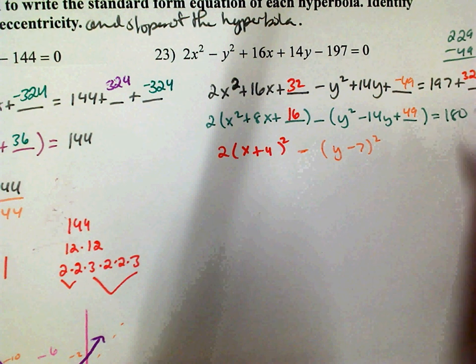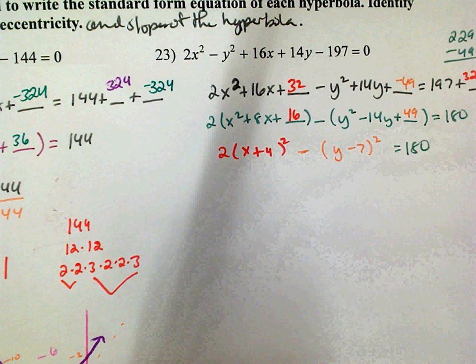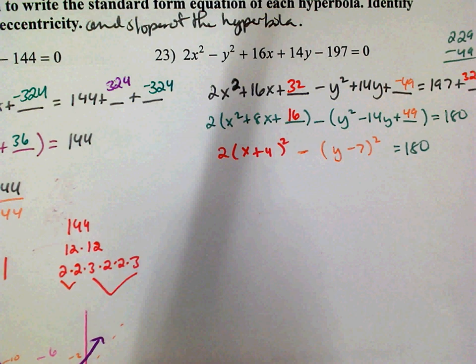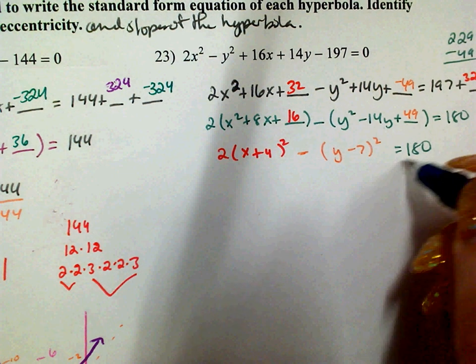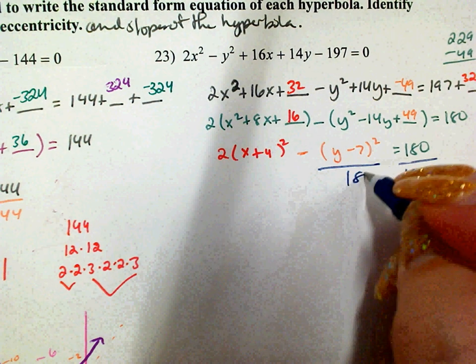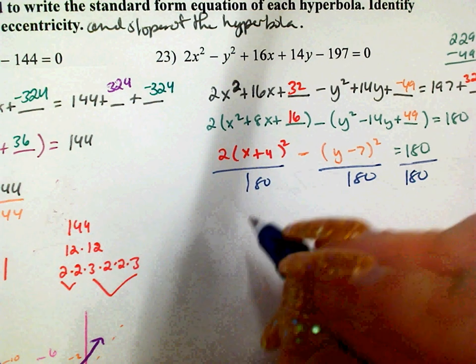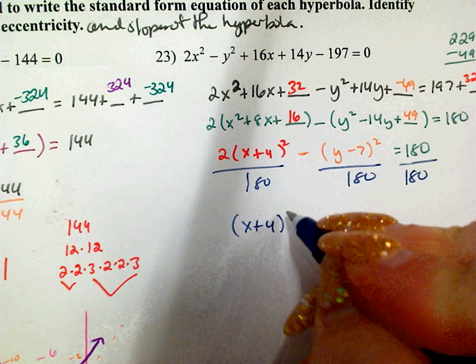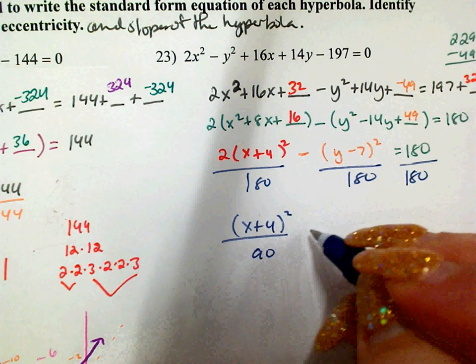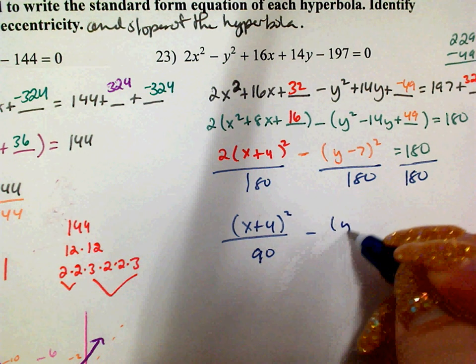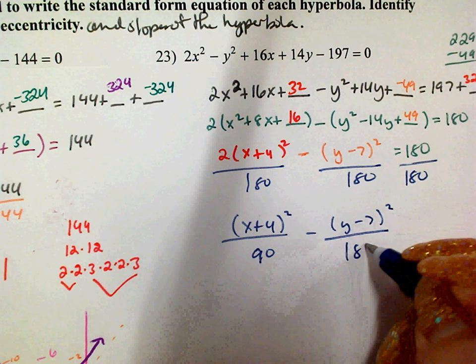Then we're going to divide by 180. So we're left with x plus 4 quantity squared over 90 minus y minus 7 quantity squared over 180 equals 1. So these are kind of interesting numbers because they're not perfect squares.